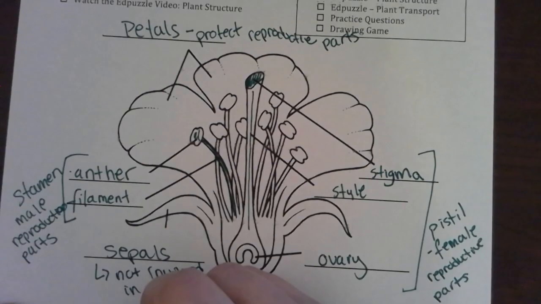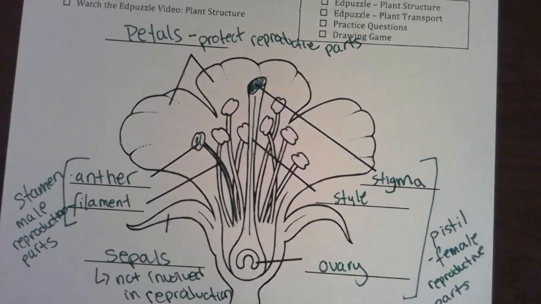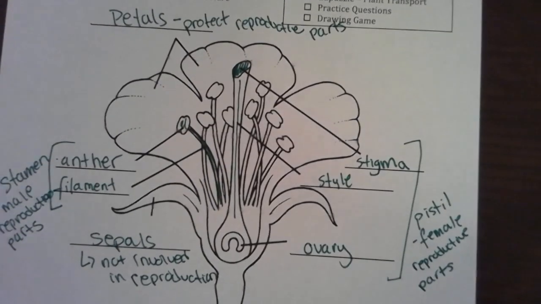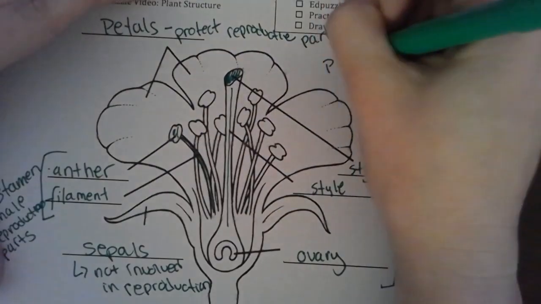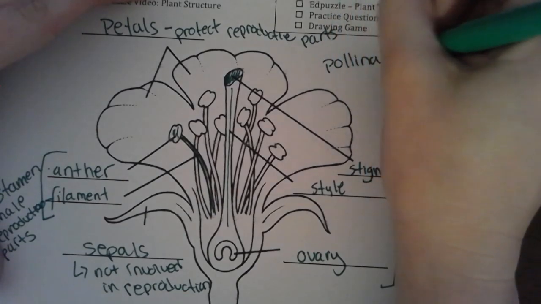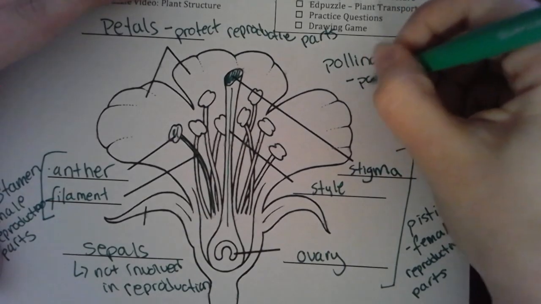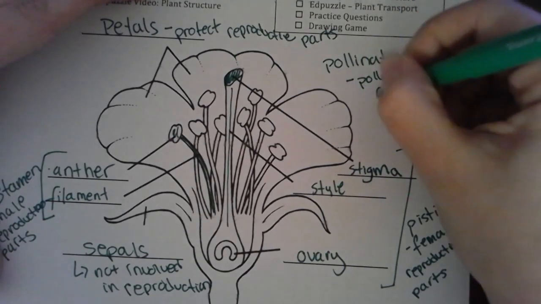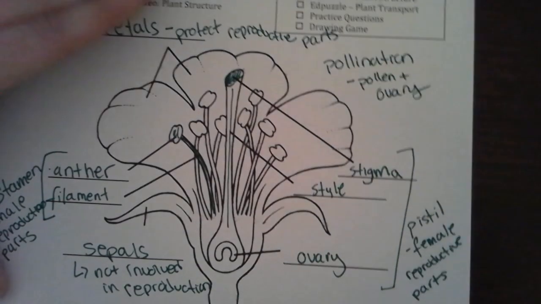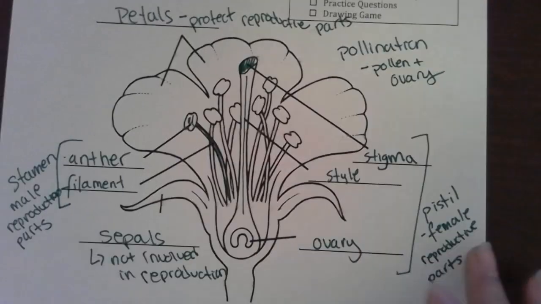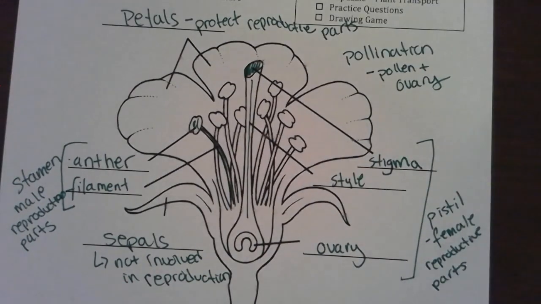Okay, so something really cool about plants is how they pollinate. So pollination is simply pollen plus ovary. Pollen is like the plant version of sperm.